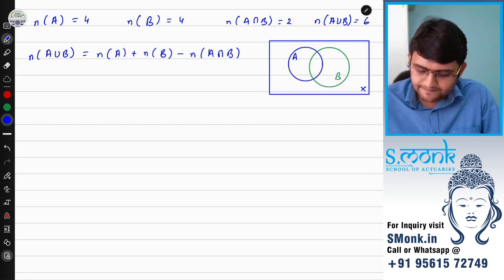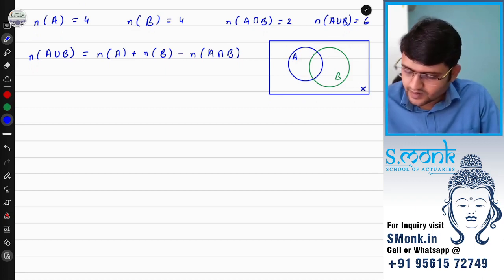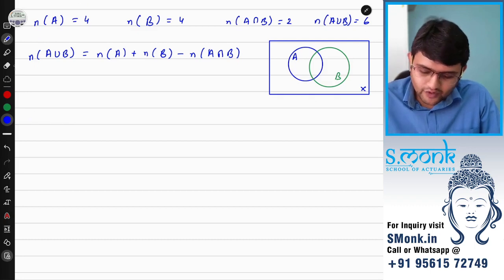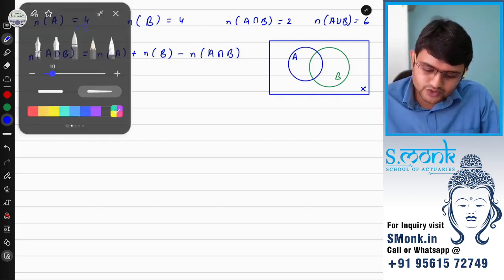Now we can have 3 sets as well, A, B and C. Before we go to that, I want to write this formula in one more form.